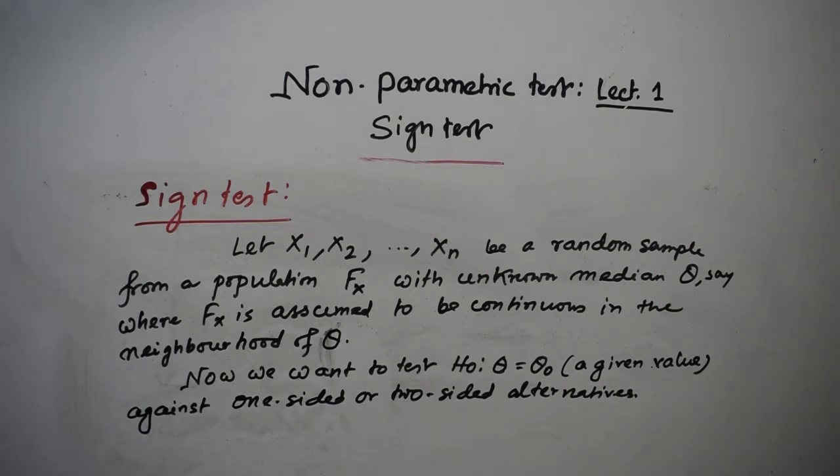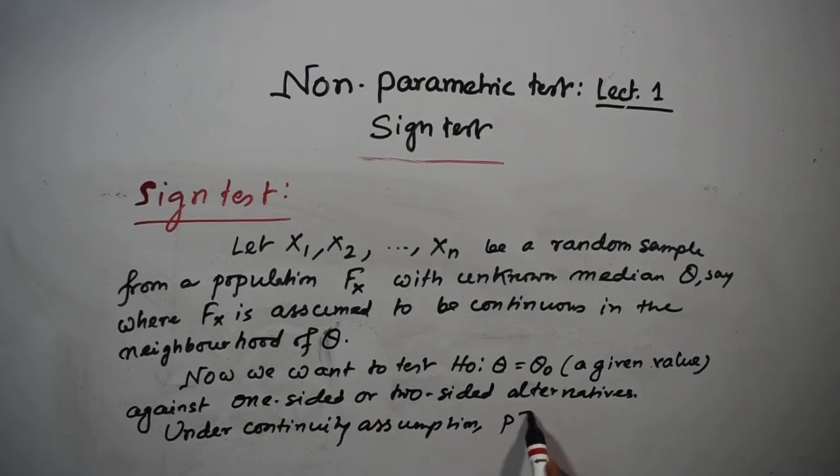Under continuity assumption, probability X less than theta equal to probability X greater than theta equal to half.